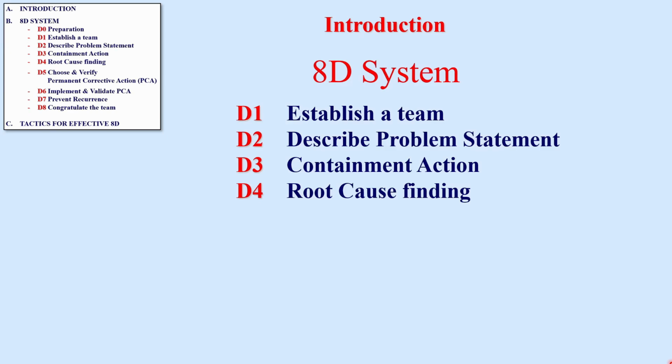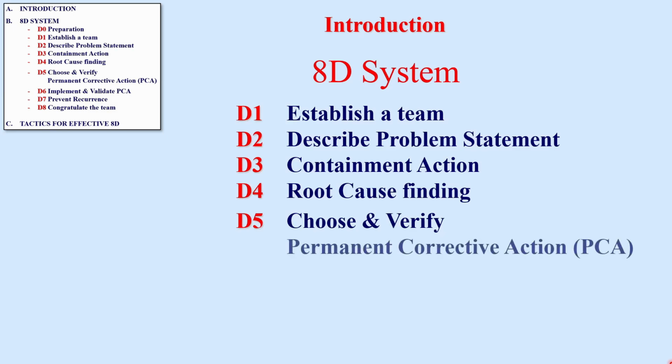Once we have a good understanding of the root cause, we can kick in D5, choose the right permanent corrective action, PCA, and verify the effectiveness through a pre-production program. After verifying the effectiveness of the corrective action, logically, the next is D6, implement the permanent corrective action and validate the effectiveness through mass production data.